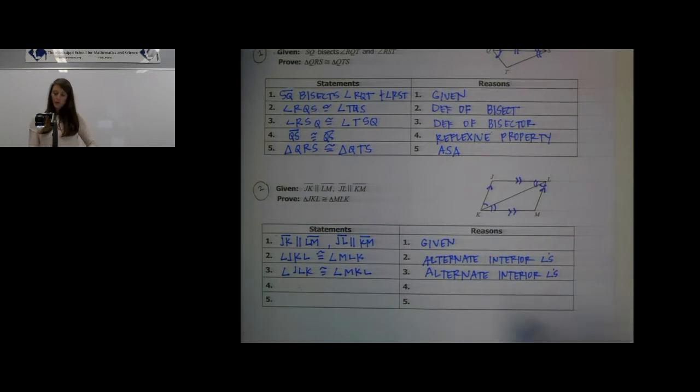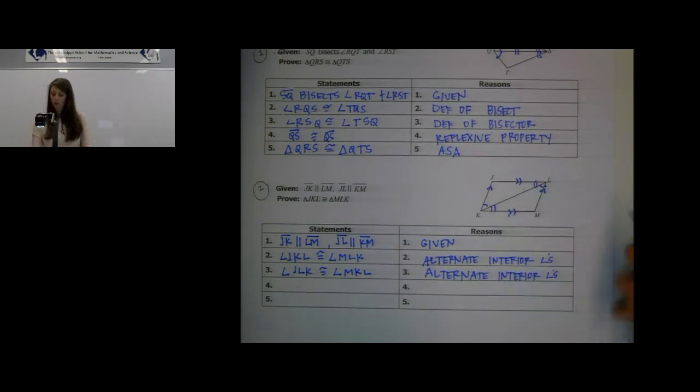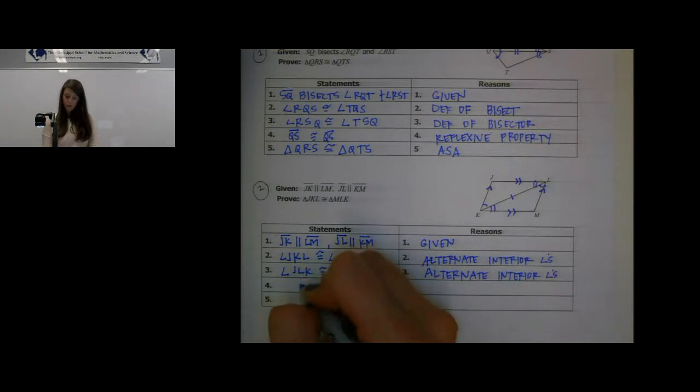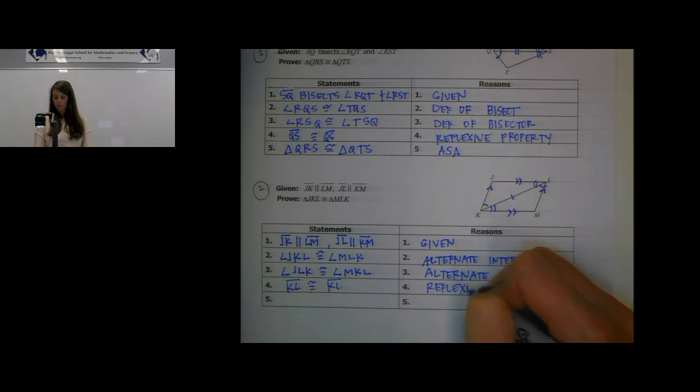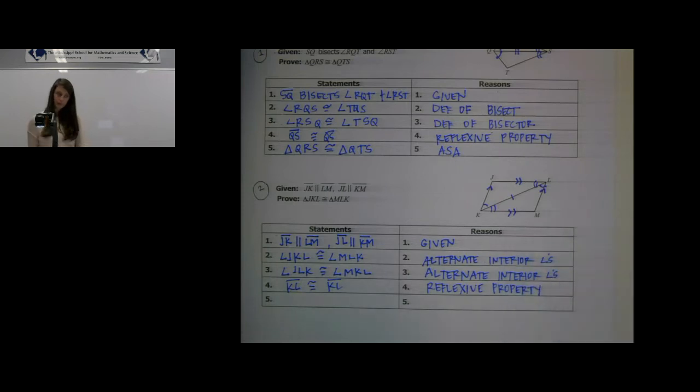Okay, so I've got an angle that is congruent, I also have another angle that is congruent. Well, what's congruent right there? So that LK is going to be congruent on both sides. Okay, it's the same measure. Both of those sides are the same measure by the reflexive property. Okay, and what then does that mean?